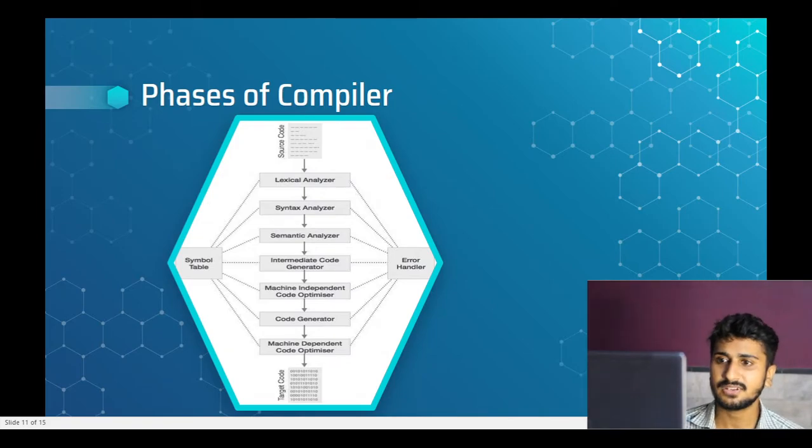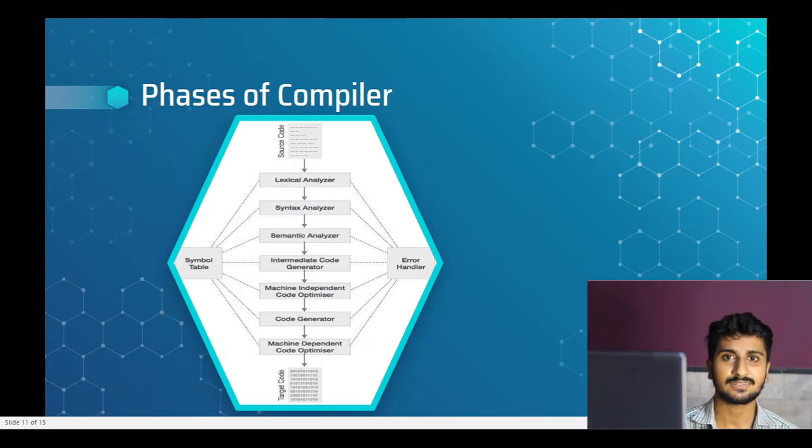After that there is semantic analysis. What is the work of semantic analysis? Semantic analysis checks whether the parse tree constructed follows the rules of the language. For example, in syntax analysis a parse tree is made, so semantic analysis will check if the tree is correct, whether it is following the rules or not.